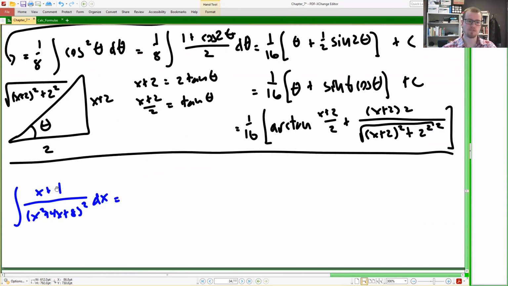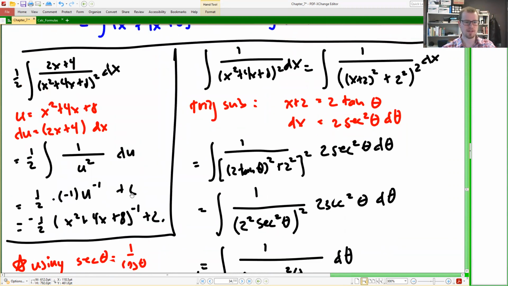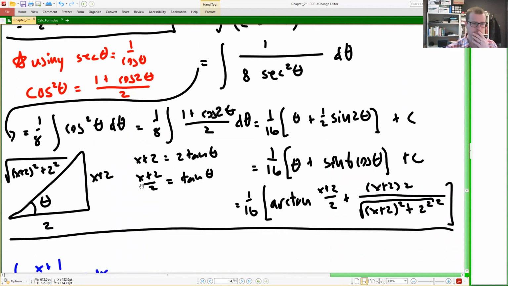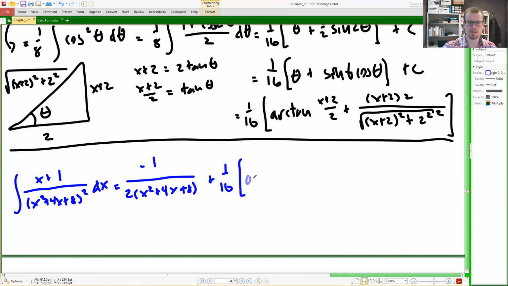Just to clarify, our final answer, the integral of this is equal to, we did this one, so negative 1/2 of that to the negative first. So I can call it negative 1 over 2 times (x squared plus 4x plus 8). And then I have plus this thing right here, plus 1/16 times the arctangent, or tangent to the negative first.